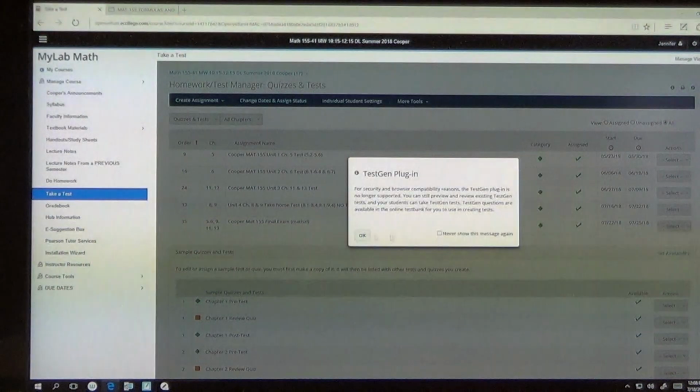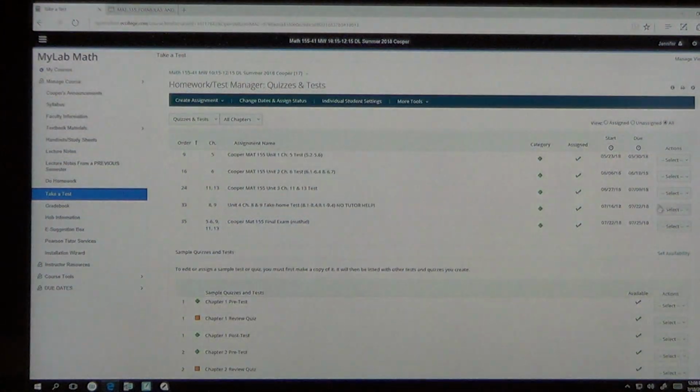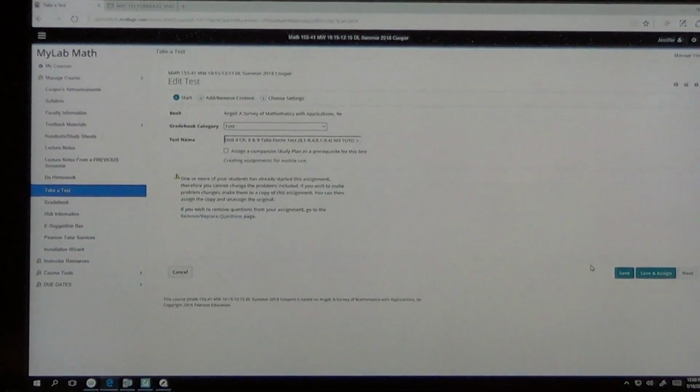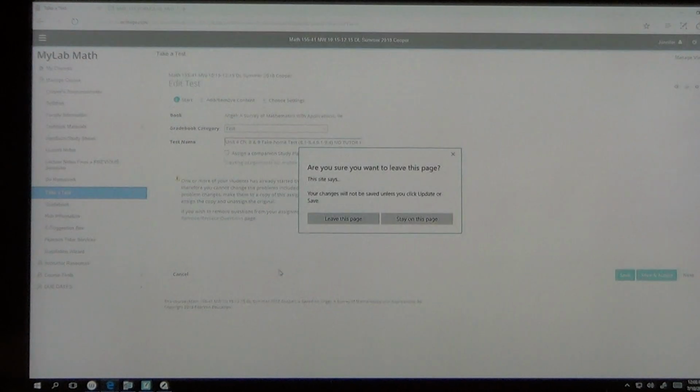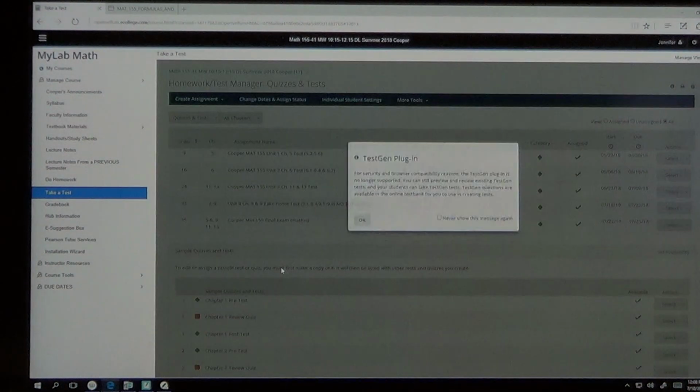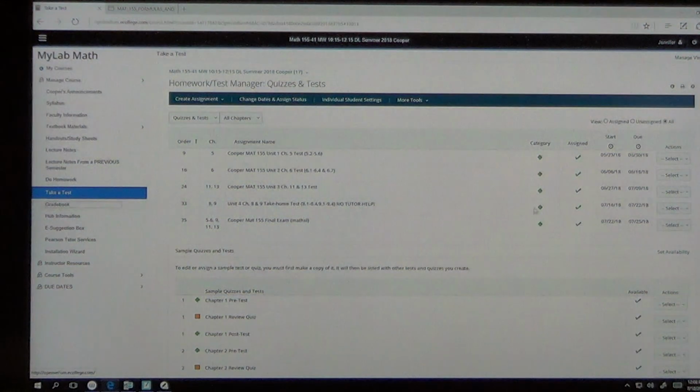Hold on, let me go in there and see if there's. Let's see, take home, edit. Cancel, leave, let me go into mine and get rid of mine, and then I can look at it again.